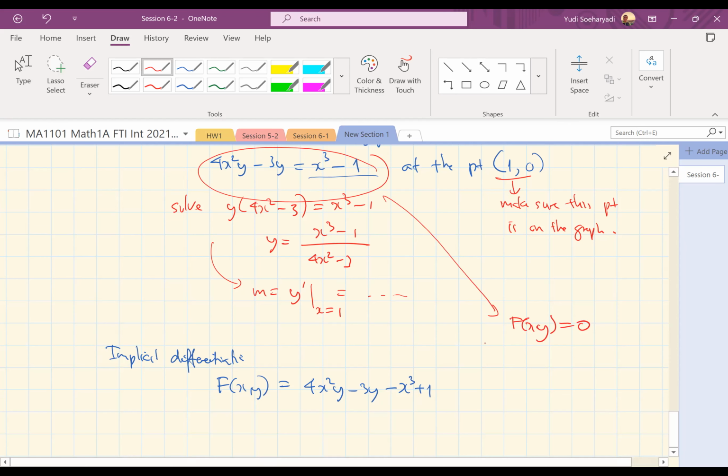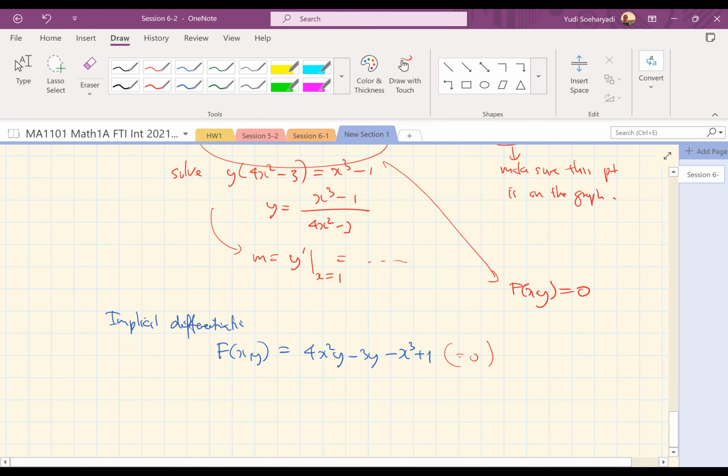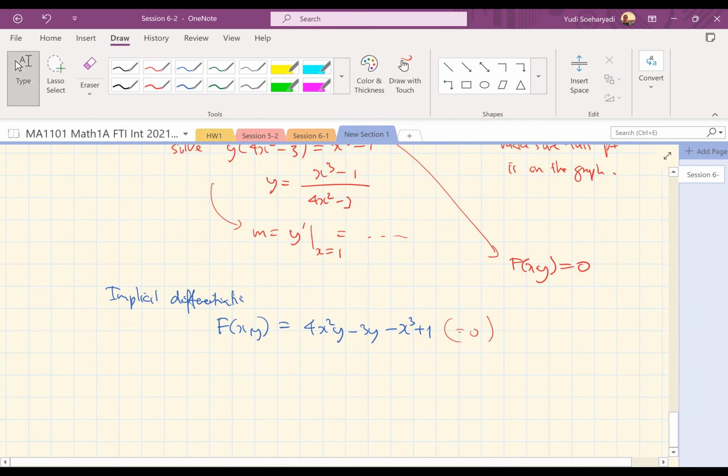Okay. All right, so let's take the derivative. So we assume y is a function of x. Why can we assume this? Can we assume x as a function of y?